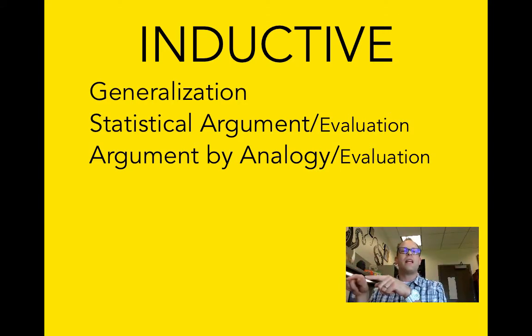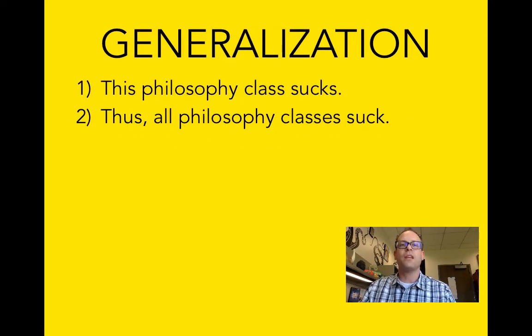So this one has this trait, this one has this trait, this one also has some other fancy trait, so this one might also have that fancy trait. For each of these last 2, for statistical and argument by analogy, I will discuss how to evaluate those kinds of arguments.